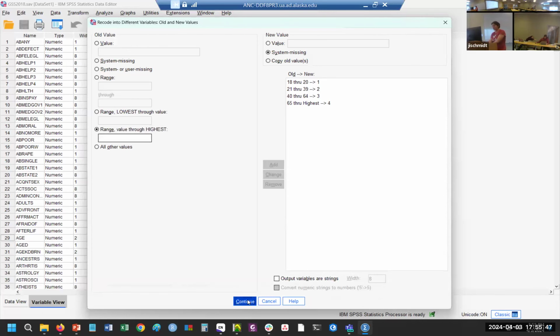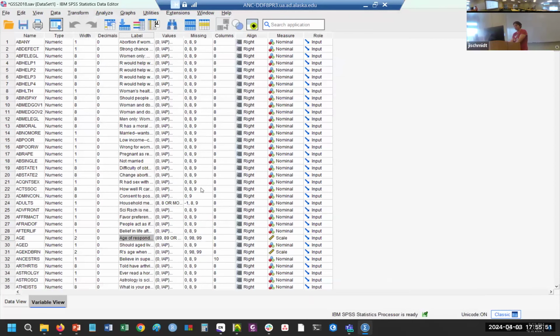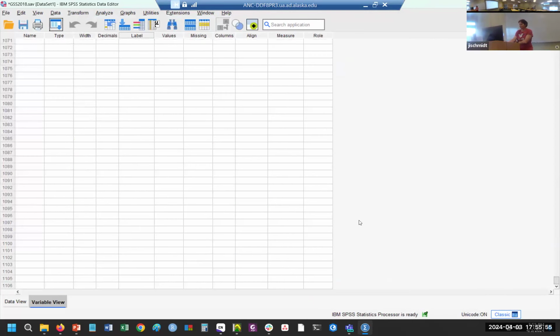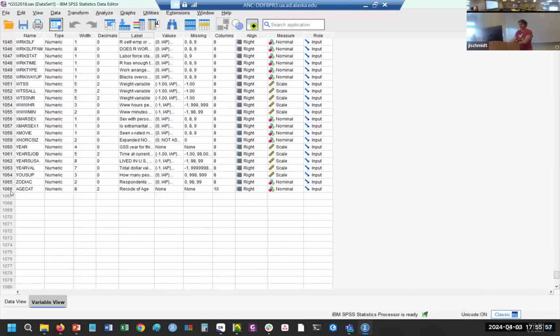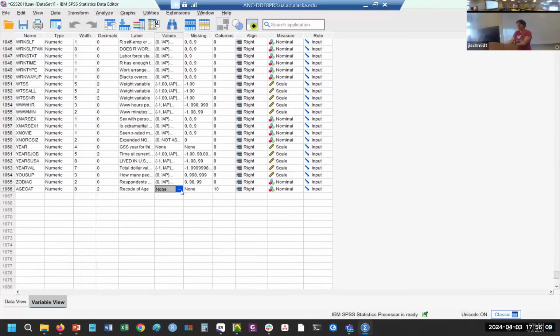So I'm going to click OK, and I'm going to click OK to continue. And so now we go down to the bottom here of our database, and here's our category. Now, here's where we assign the labels. So you have to go to values and then click on these three dots there. You see there's no values at all here. We have to manually add them.